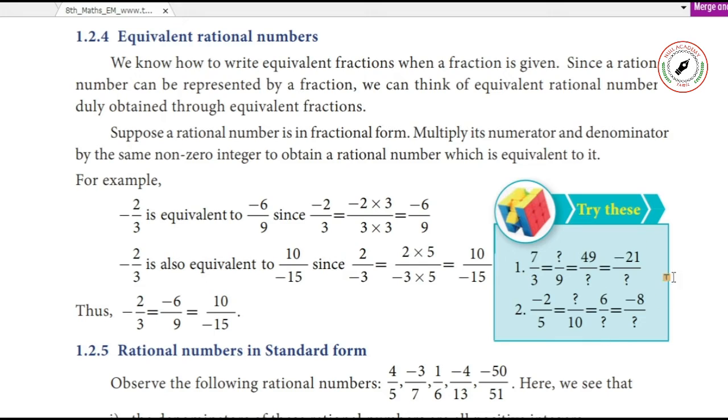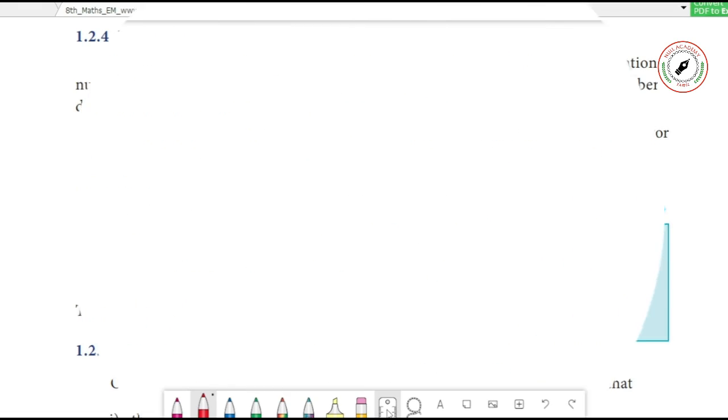Now try this: 7 by 3 equal to question mark by 9. What does it mean? Shall we try this one? Come to the whiteboard.